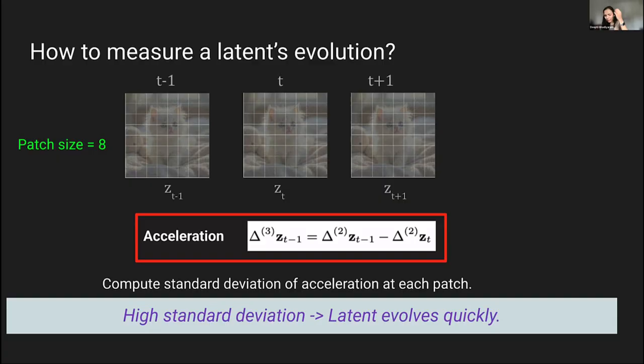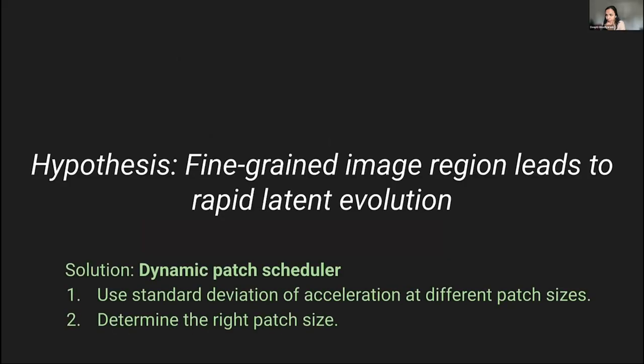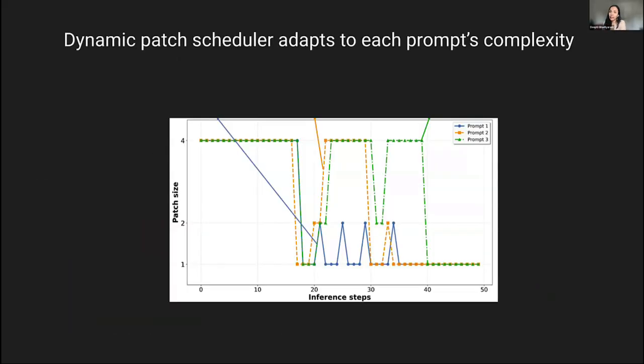And if the latent is evolving slowly, then let's extract the compute and make this more efficient. This example might further ground this. Along the x-axis are the different inference steps, and along the y-axis are the different patch sizes that we dynamically vary during inference.